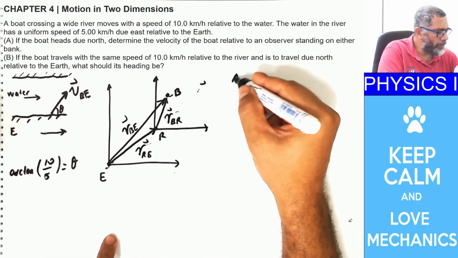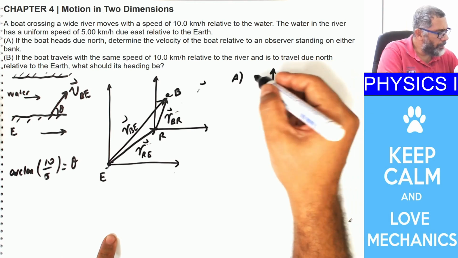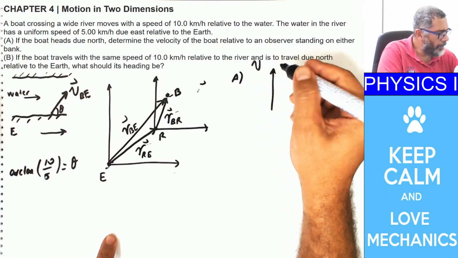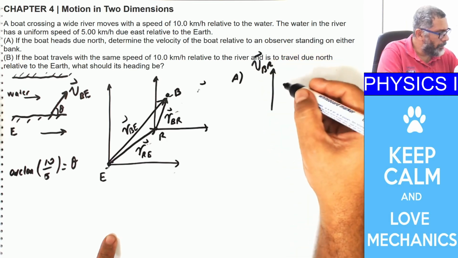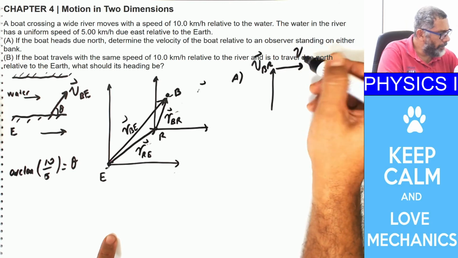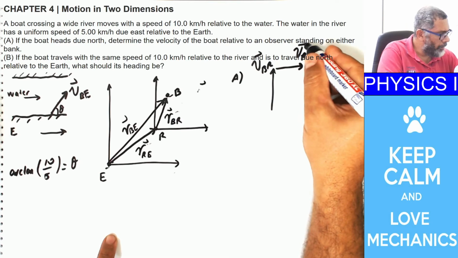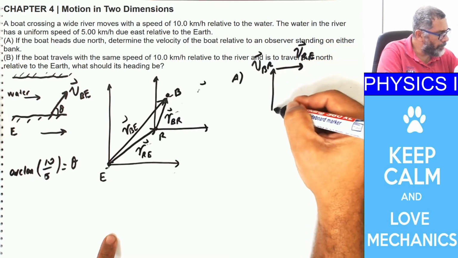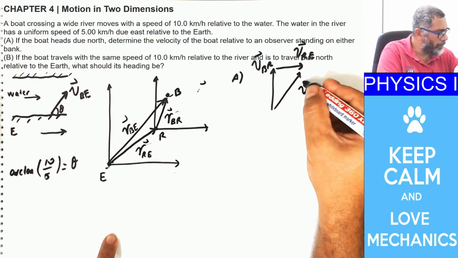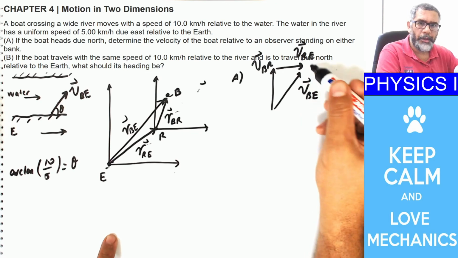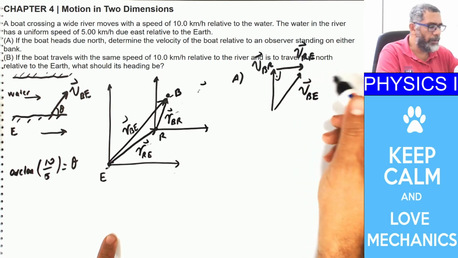Let me draw the velocity vectors for part A. For part A, this was V boat relative to river, and this was V river with respect to Earth, and the sum of these two vectors was V, the velocity of the boat with respect to Earth. So these were the velocity vectors, and this is a 90 degrees angle.